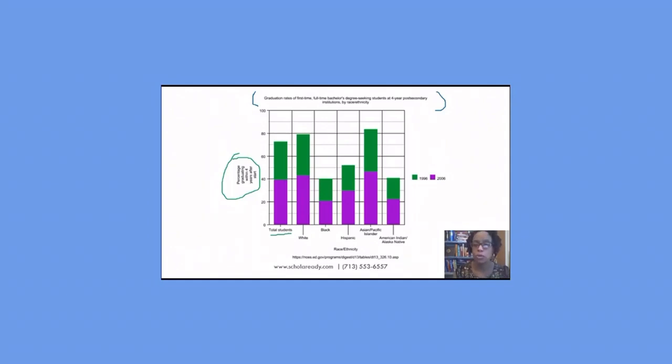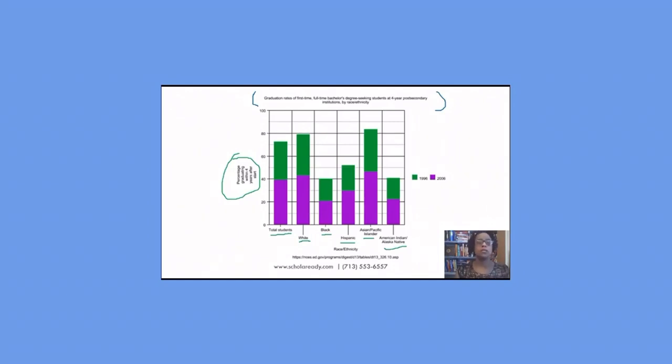That's total students. Then we have white students, black students, Hispanic students, Asian/Pacific Islander, and American Indian/Alaska Native. So this bottom represents the total students and various races and ethnicities.